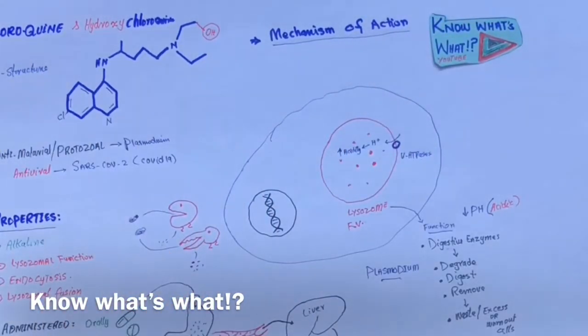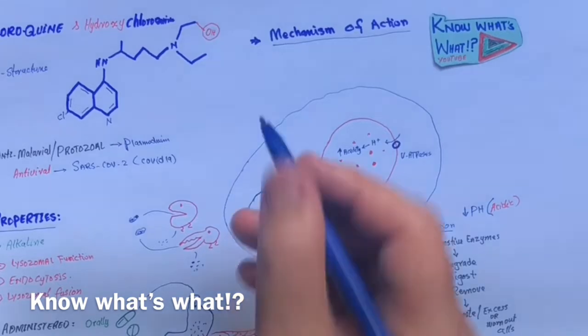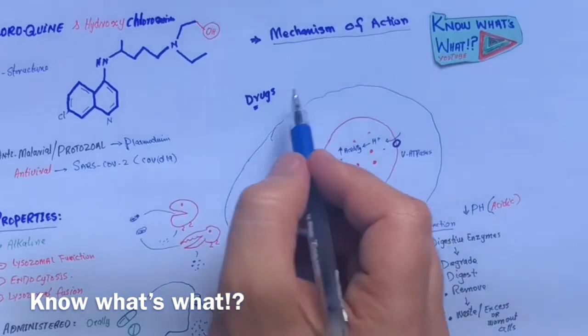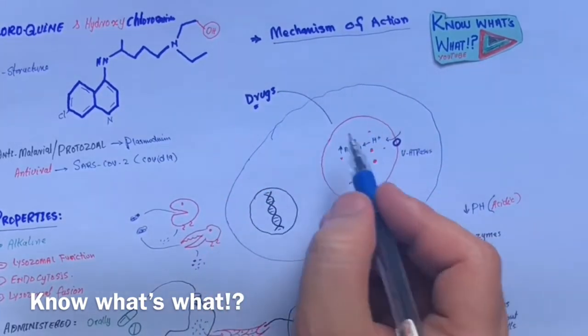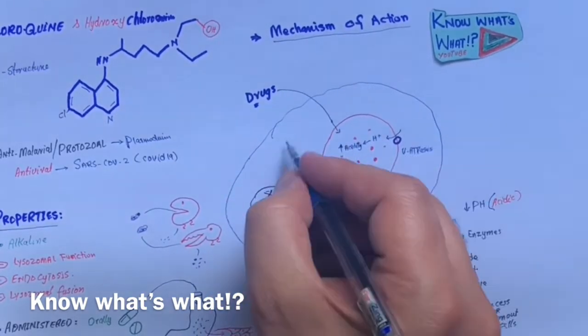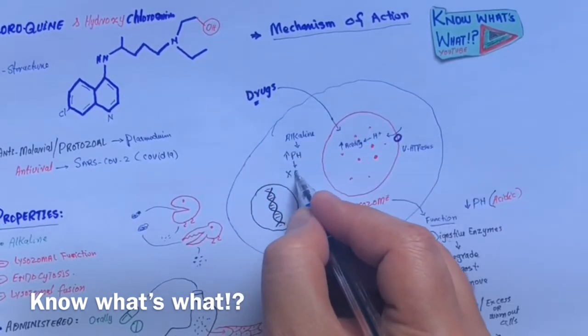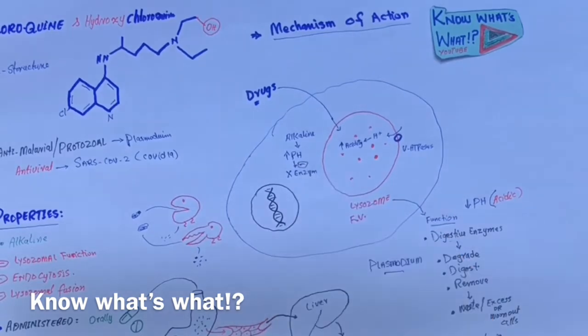Now, what happens if you take chloroquine and hydroxychloroquine? These drugs will interfere with the acidic environment within the lysosome. It will make it more basic, more alkaline. And the alkaline environment will increase the pH, and that will inhibit the enzymes.